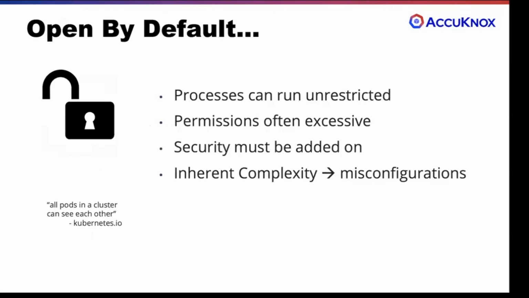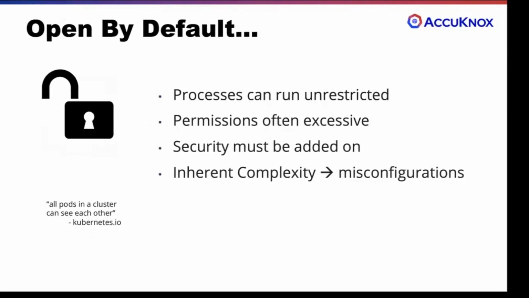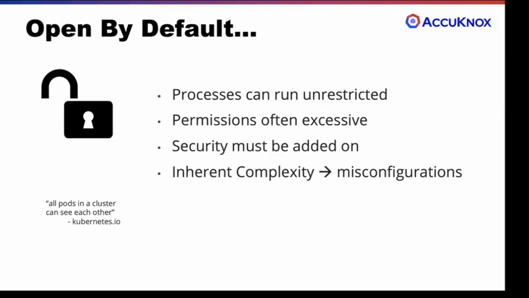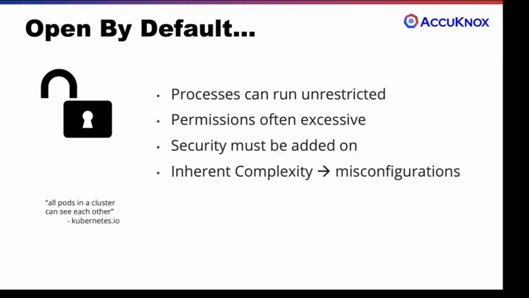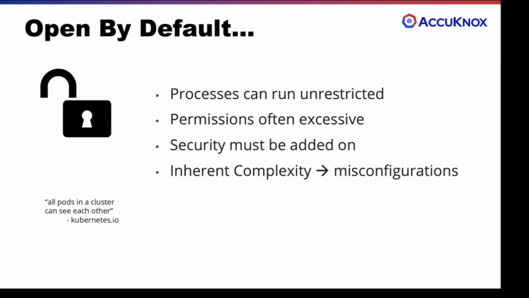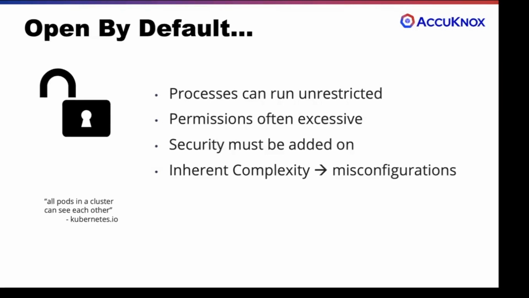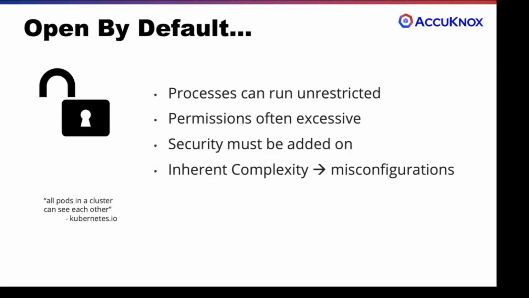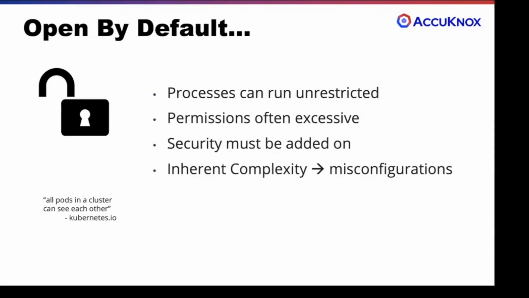Permissions are often excessive. And the inherent complexity of Kubernetes. If you've tried to use it to roll out applications, you can get a sample app up and running pretty quick, but in the real world, where you have to deal with persistent data volumes and resource limitations and allocations, and then horizontal scaling, there's a lot of complexity here to rolling out applications and securing them.